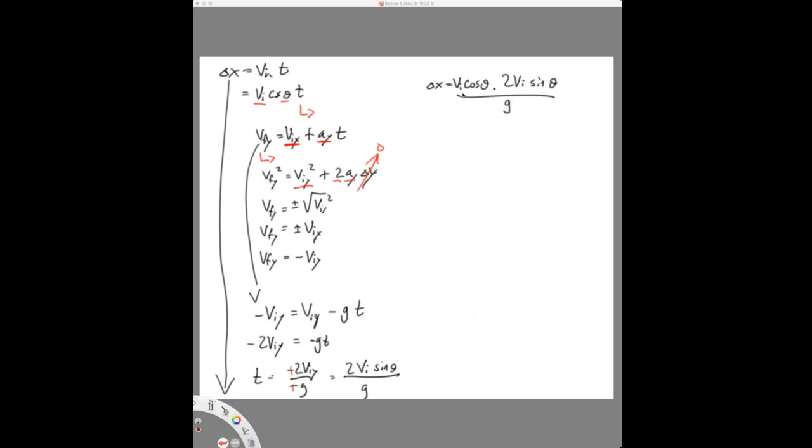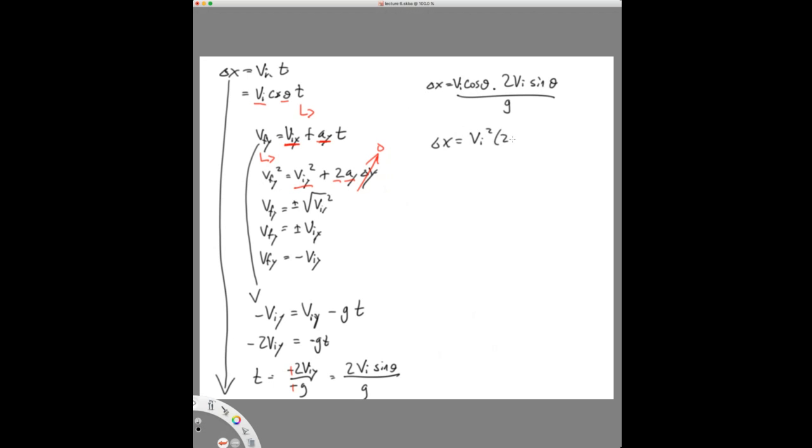So the first thing I notice when I look at this numerator is that we have a VI in front and a VI in the middle, and everything's multiplied together. So we can just simplify by writing it as VI squared.